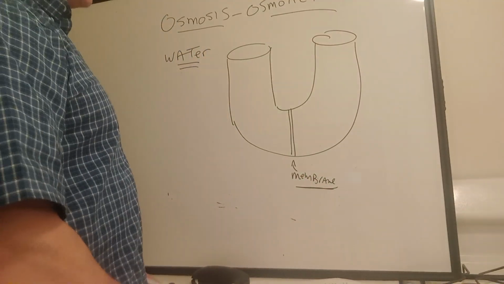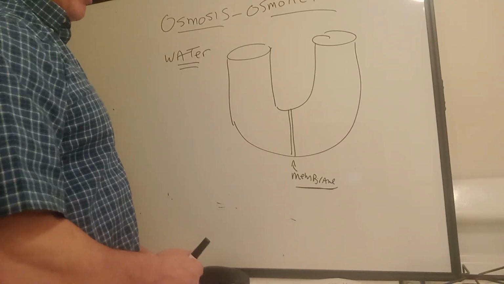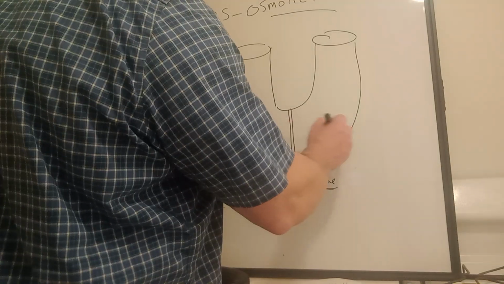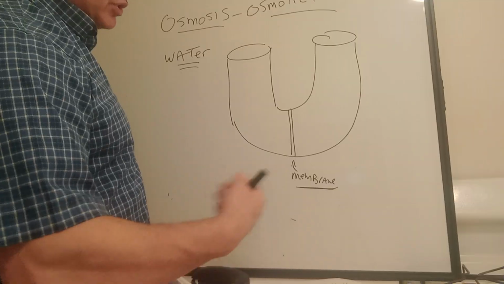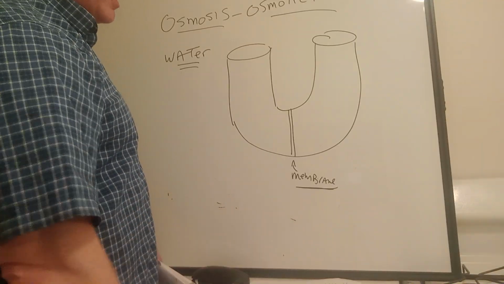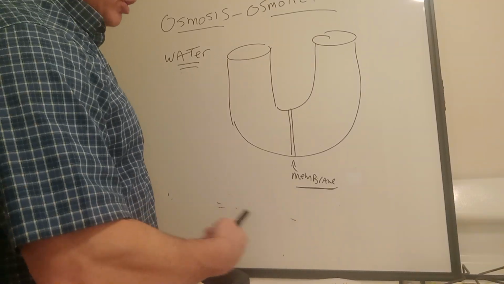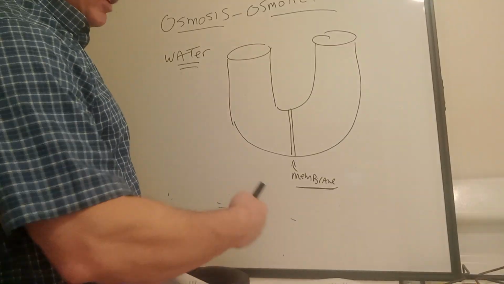The membrane is semi-permeable. We design the membrane, or nature designs the membrane, such that water can go through the membrane, but certain solute particles, either salts or sugars, or sometimes large structures like proteins, will be impeded.